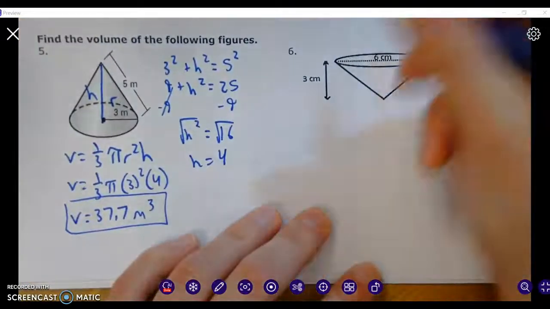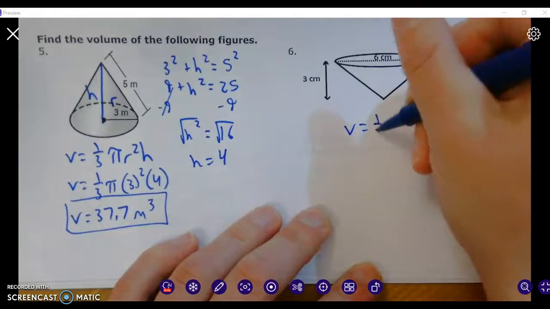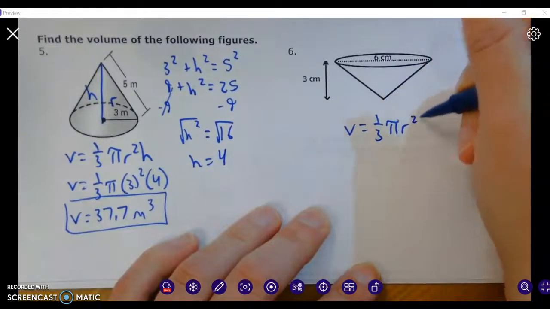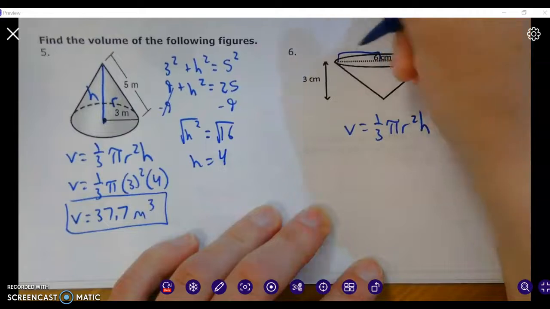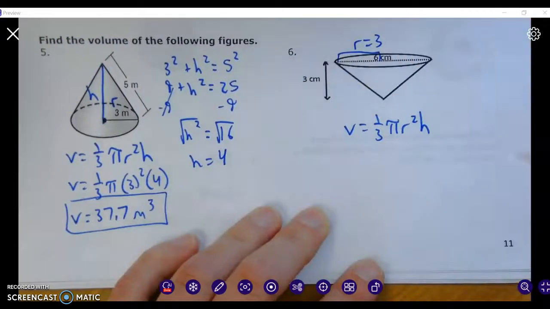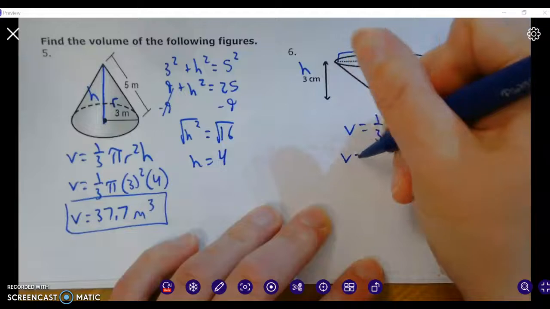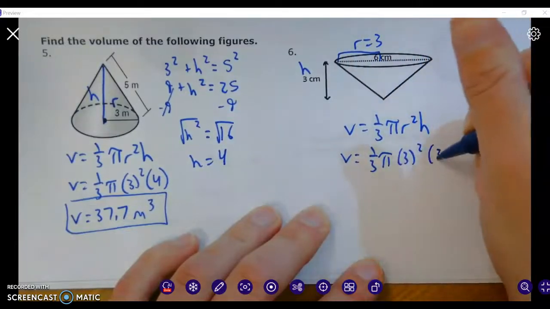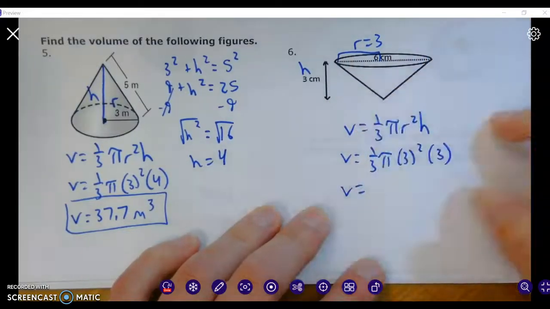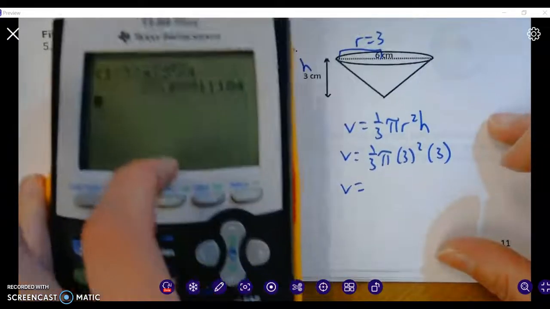Okay, number 6 is another cone, so our formula is 1/3 pi r squared height. So our radius is 1/2 of 6, so our radius is 3. We already know our height of 3. Okay, and then type all that into your calculator.